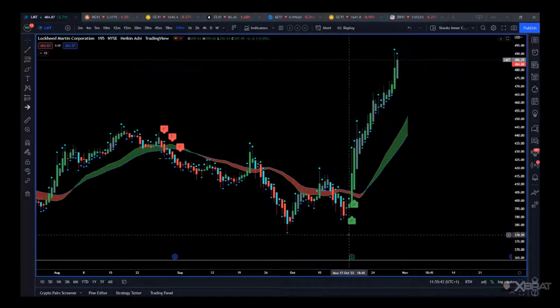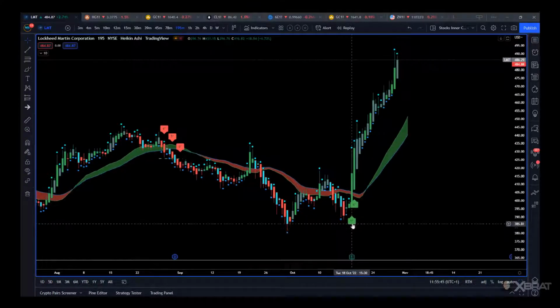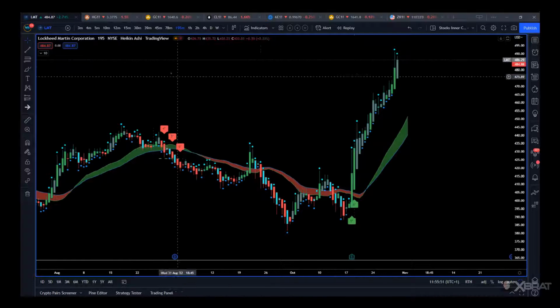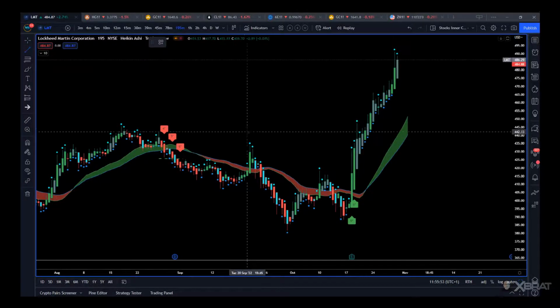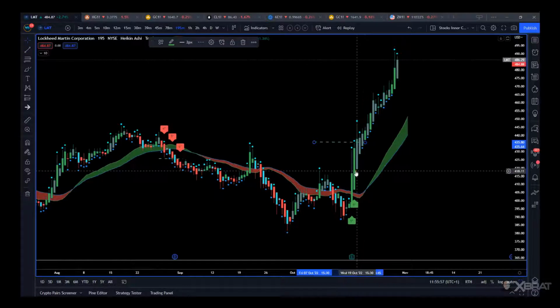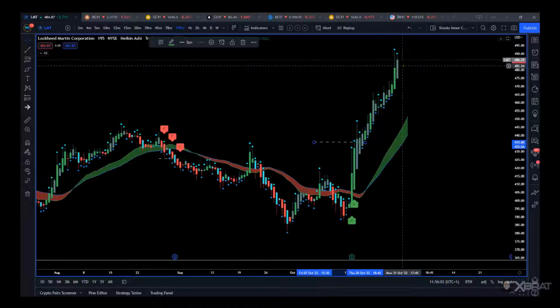Now we get the earnings reaction, which gives us a 5-star buy signal on this candle and then a 6-star buy signal on this candle. If we're being conservative, we take an entry above the high of the 6-star candle, and we're still in it right now.